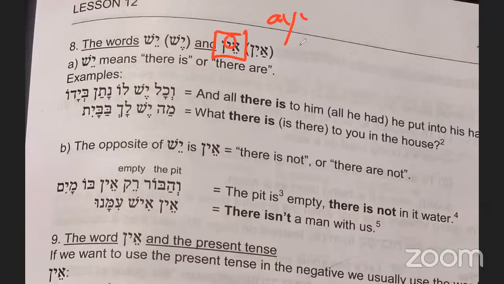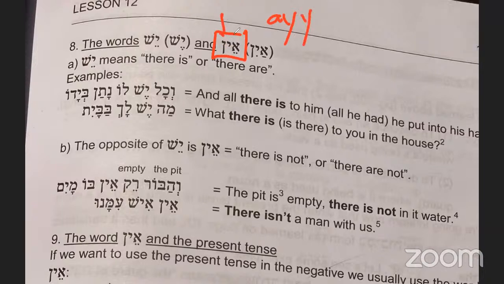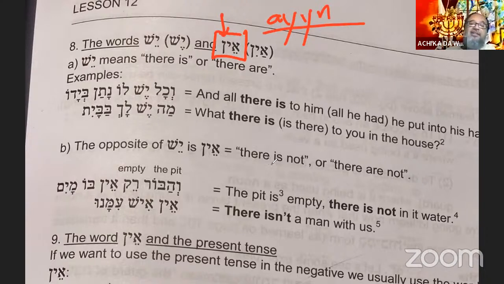Yod. That goes together. And the final letter on that is what? N. Exactly. So how do you say that? Ain. Perfect.